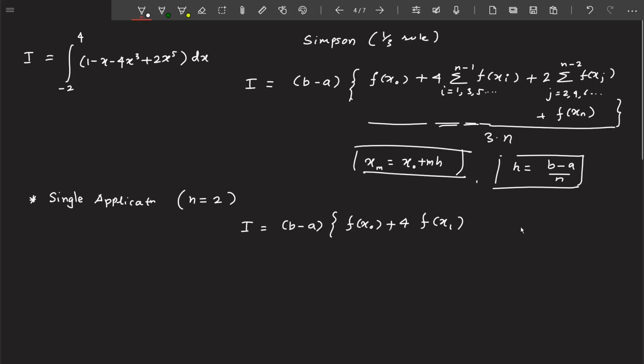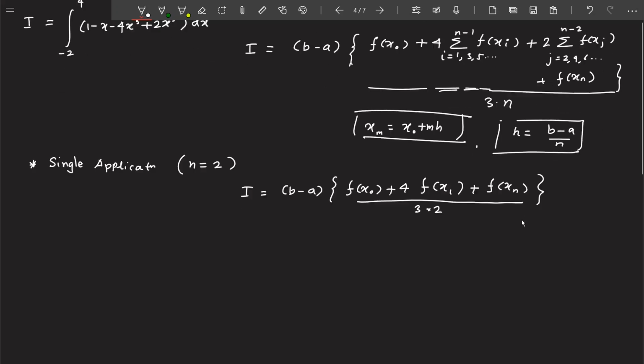And n is equal to 2, so the even summation is going to be 0, so there won't be anything here], divided by 3 times n, where n is equal to 2. That comes out to be 6.